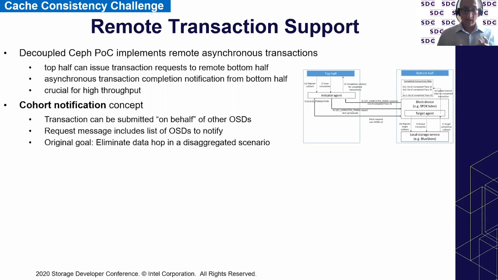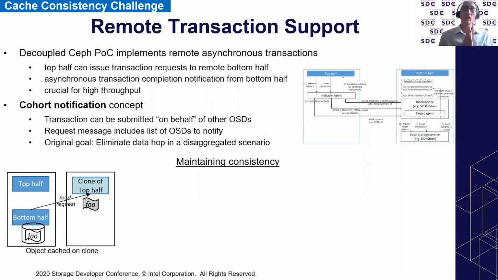So now, coming back with this background to our cache consistency challenge. We said we can clone top halves to meet the high read throughput demands on the top half. The picture here on the left shows that we cloned a top half, and after that cloning, some object foo was cached on this cloned top half.